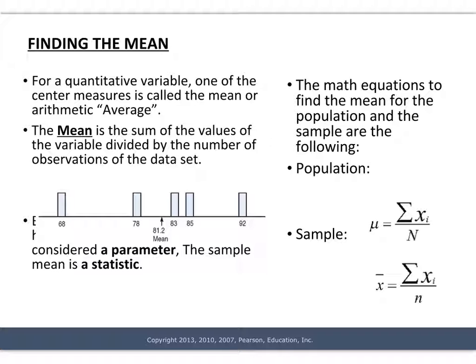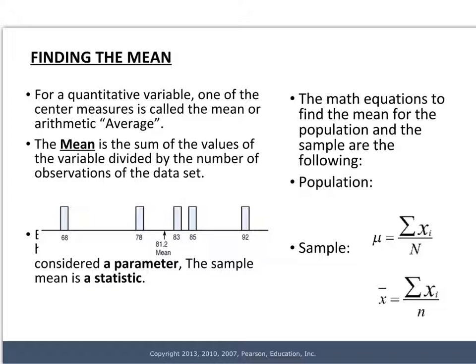So there are two ideas. There is the mean of the population, which is called a parameter, and there is the mean of the sample of the data set, which is called a statistic. The math equations to find the mean for the population and the sample are as follows.